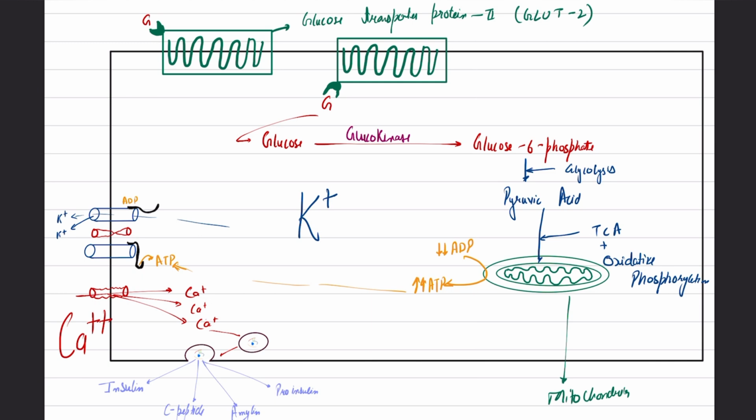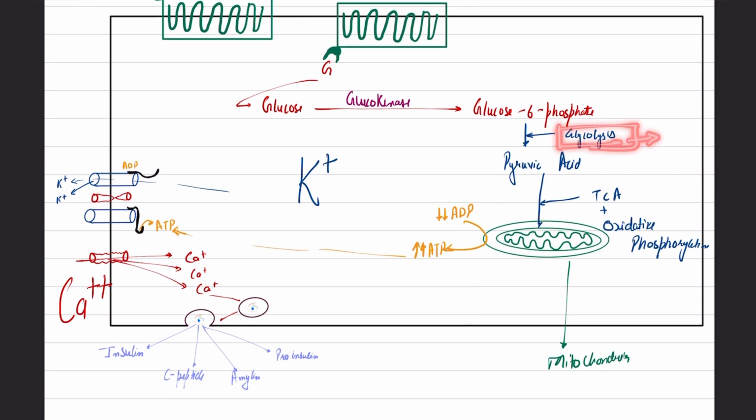Now let's move forward. This glucose 6-phosphate will convert into pyruvic acid and glycolysis will be performed here. We will study glycolysis in biochemistry.